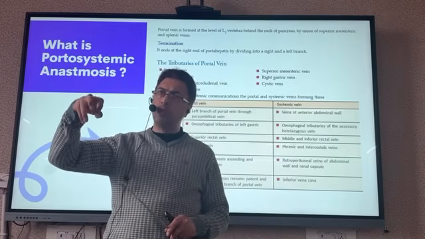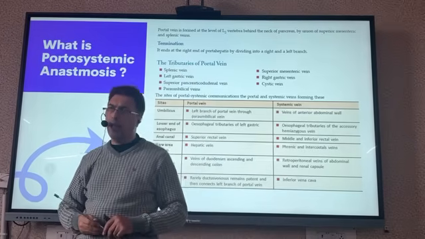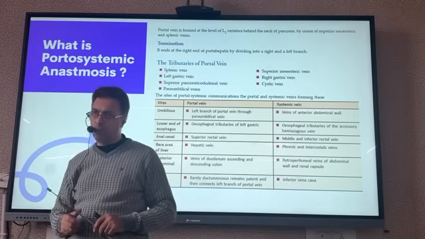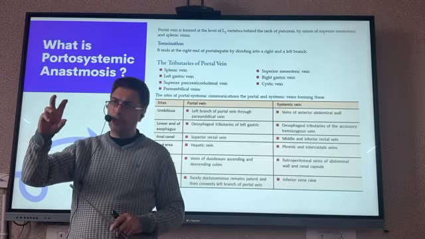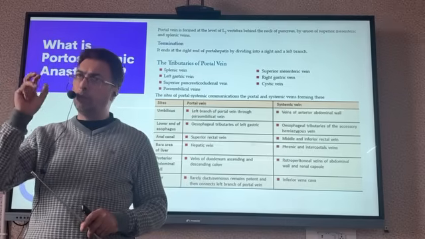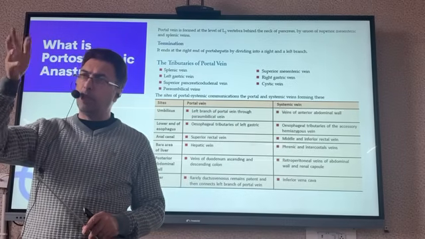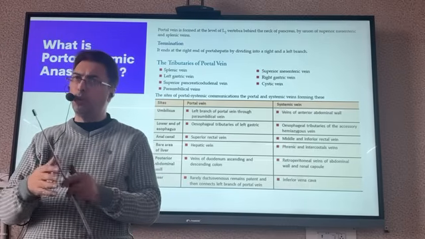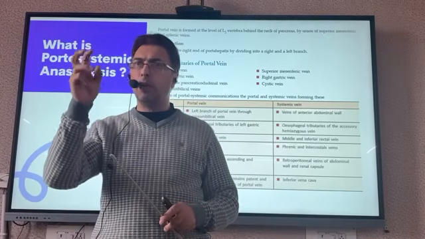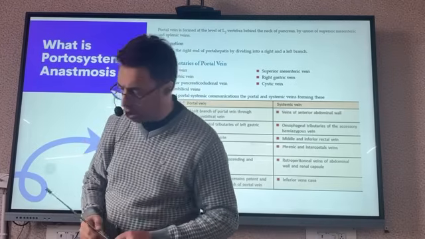So the thing about the portal venous system is that it anastomoses with the systemic veins at various places in the body, and that combination or anastomosis of the branches of the portal vein, once they meet the branches of the systemic veins, those areas are given the name as portosystemic anastomotic sites, or the sites for portosystemic anastomosis.